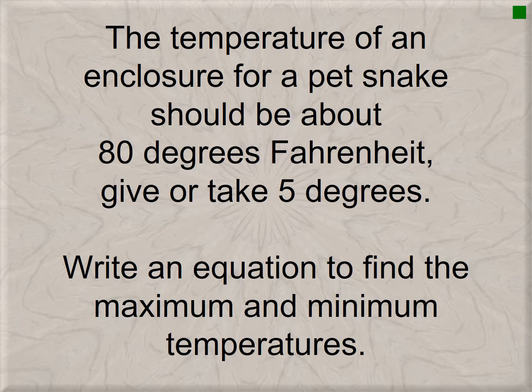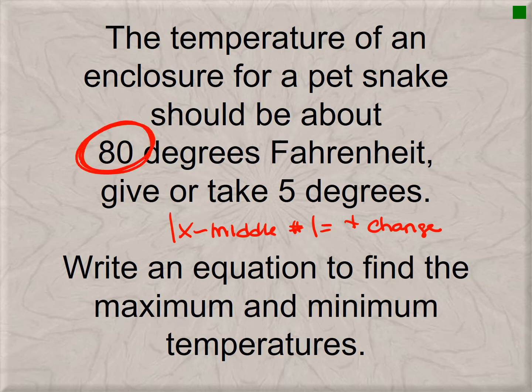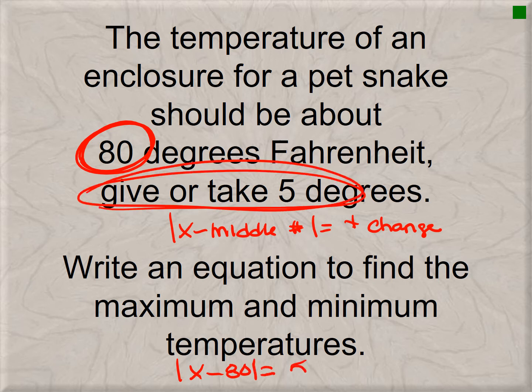All right, so we're going to write an equation. Now remember, the equations are x minus the middle number equals the positive change or difference. So the temperature of an enclosure for a pet snake should be 80 degrees. That's the middle number. So we're going to go x minus 80 equals, give or take 5 degrees. That's the change. So it's 5.